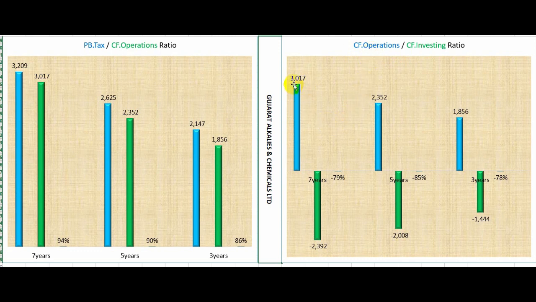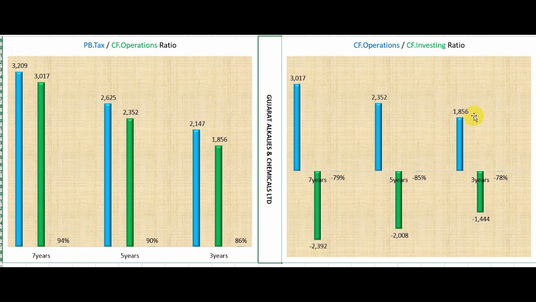The cash coming in the last 3 years was 1856 crores, which we saw earlier in this graph also, that the company managed to receive cash of 1856 crores in the last 3 years.